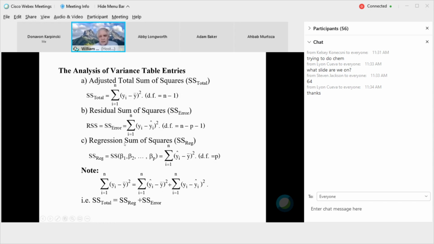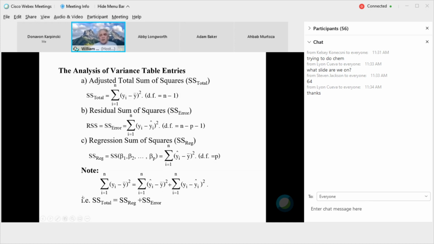Another, the regression sum of squares. Here it's similar to the total sum of squares, except we put in the predicted values of Yi in place of Yi. Now you can show that the total sum of squares is the regression sum of squares plus the sum of squares for error. The regression sum of squares is usually called the variability in Y that's explained by the X values.